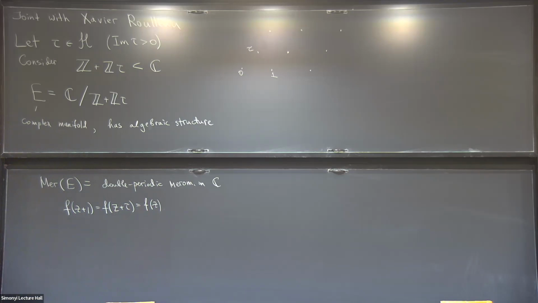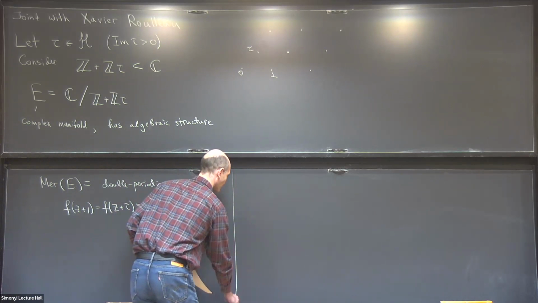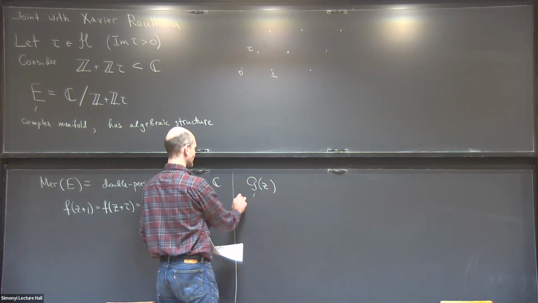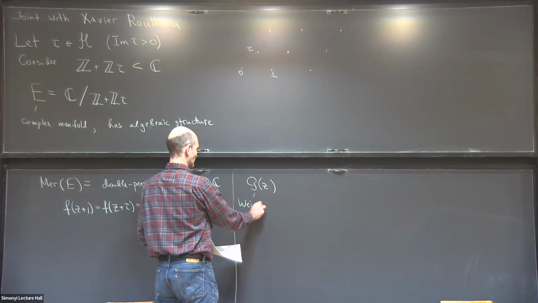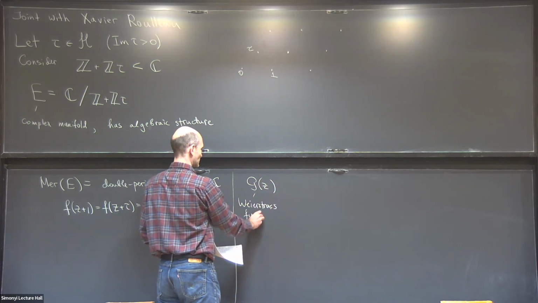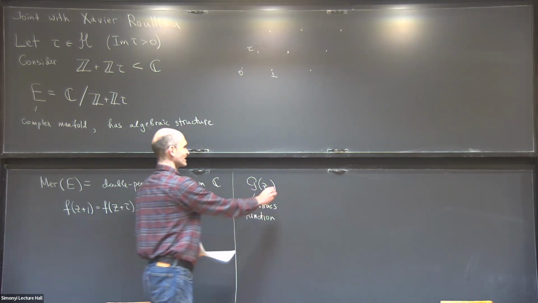A priori, it's not obvious that there is anything like this other than constants, but it's a standard 19th century construction that you can construct one of them called the Weierstrass function, or if you want to distinguish it from a monstrosity, you call it the Weierstrass elliptic function.